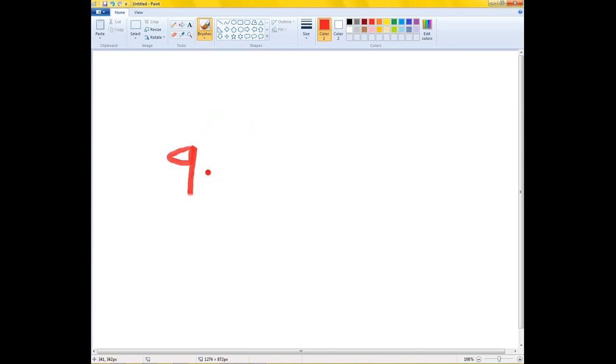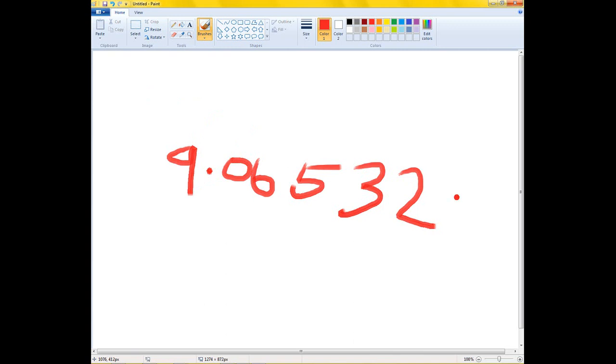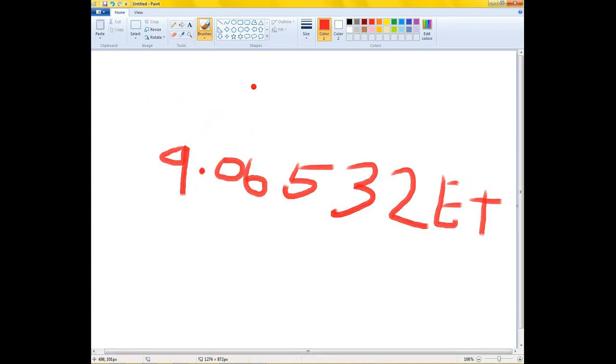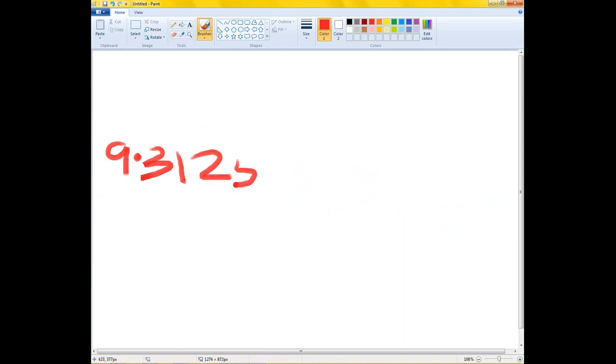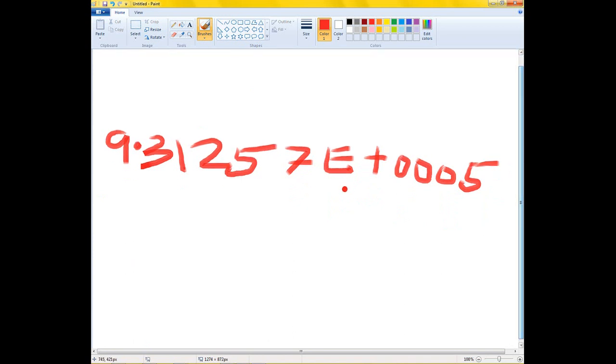We have 9.31257 E plus 0005. This again just says to move the decimal point 5 places to the right.